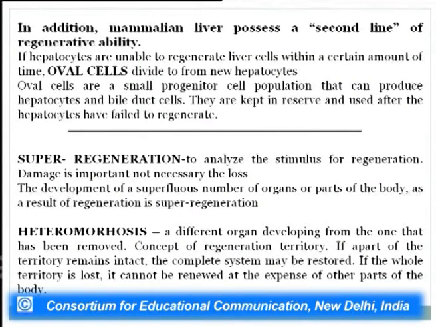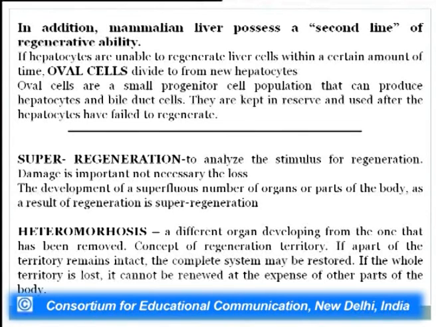Then there is another term used in the context of regeneration, which is called heteromorphosis. In heteromorphosis, a different organ develops from the one that has been removed. The concept of a regeneration territory comes in here. If a part of the territory remains intact, the complete system may be restored.